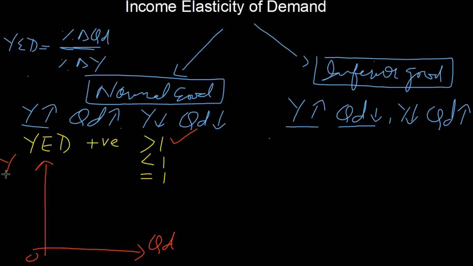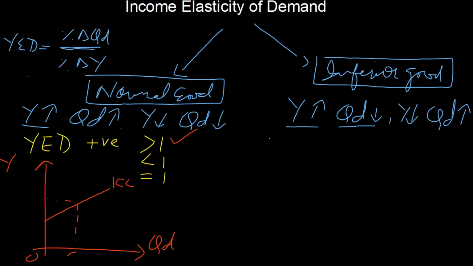Whenever the demand for normal goods is greater than +1, the income consumption curve, ICC, would be flatter. Why will it be flatter? Because it shows that a smaller rise in income will lead to a greater rise in quantity demand.